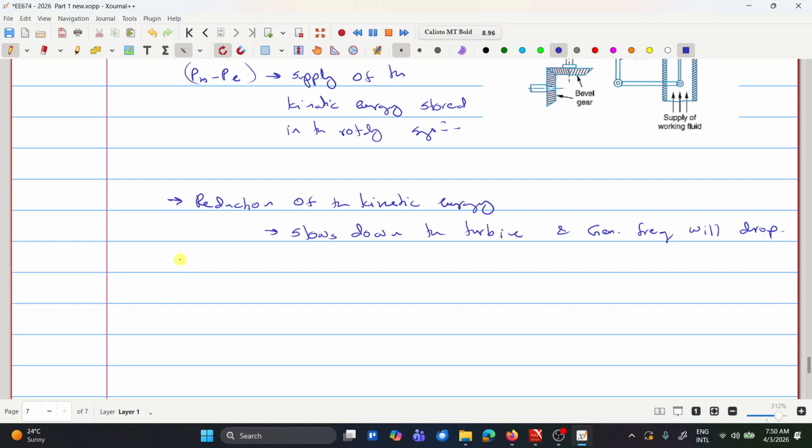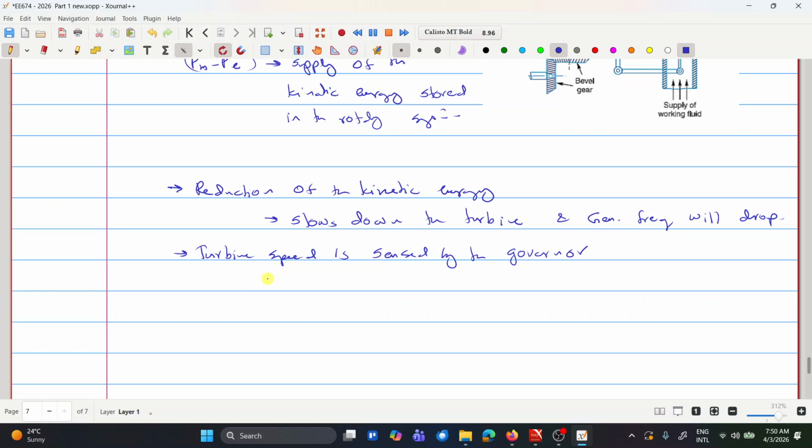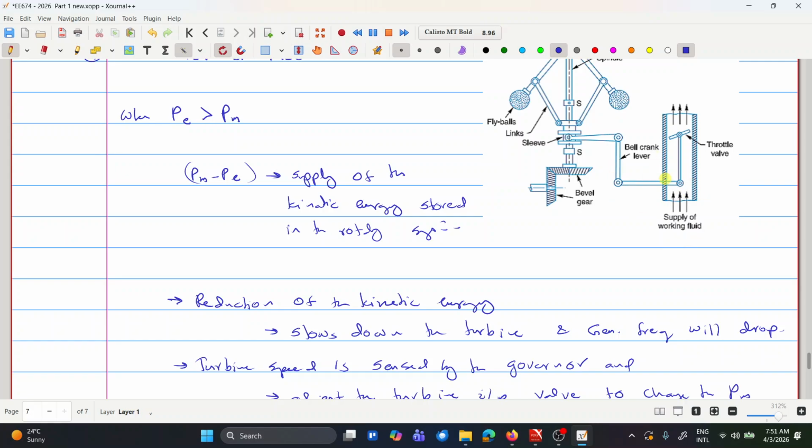When it's slowing down, the turbine speed is sensed by the governor, and it adjusts the turbine input valve to change PM, the mechanical power input.